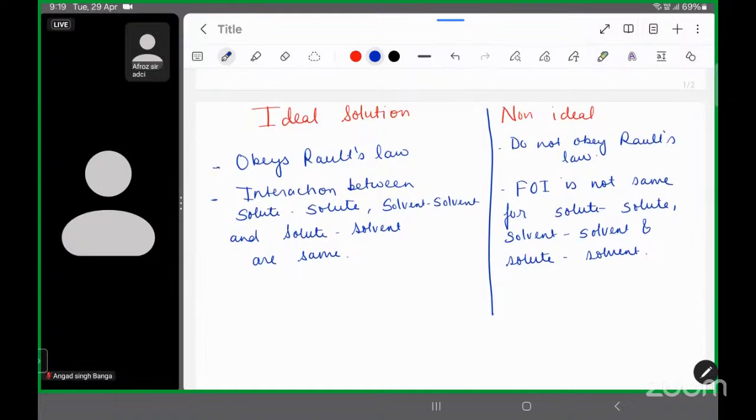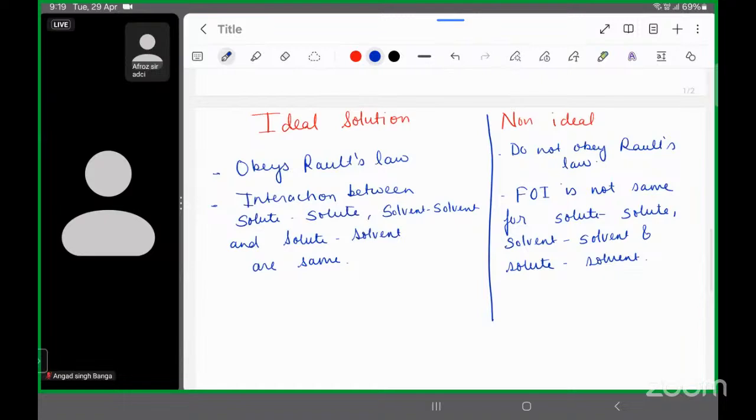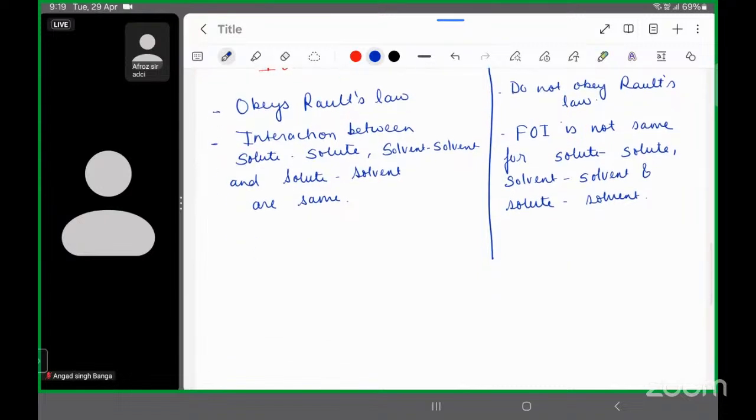That's why they do not obey Raoult's law. Their pressure may be higher or lower than the normal. If they are obeying Raoult's law, it means they have the same interaction.